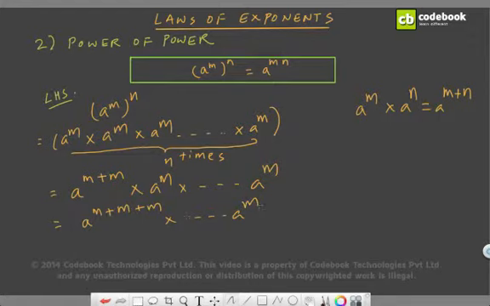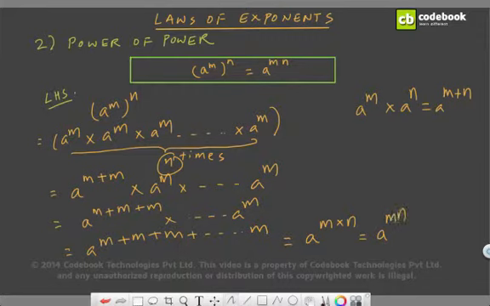If you continue applying this formula, you will end up with a to the power m plus m plus m plus m, and so on to m, and the number of m's in this case is n. So this is nothing but a to the power m multiplied by n, which is equal to a to the power mn, which is nothing but your RHS.